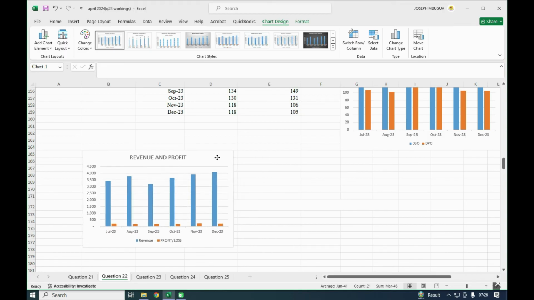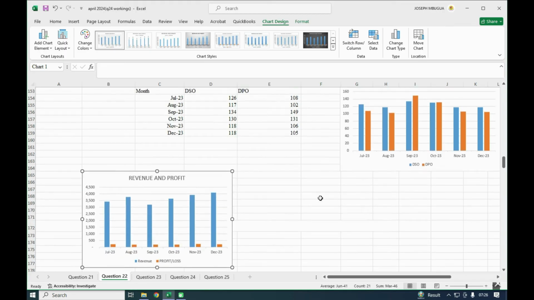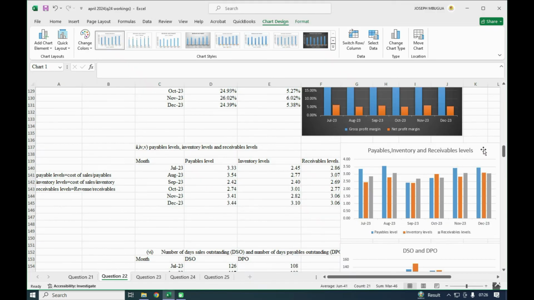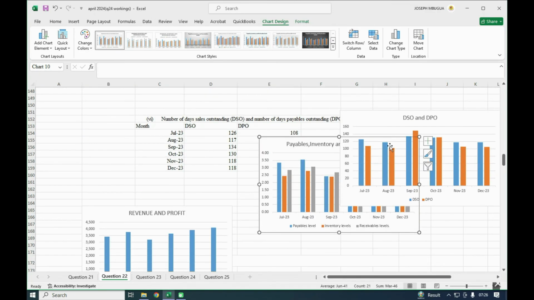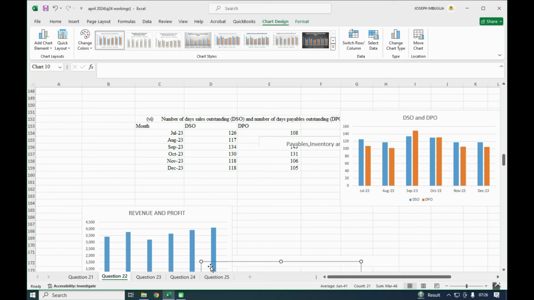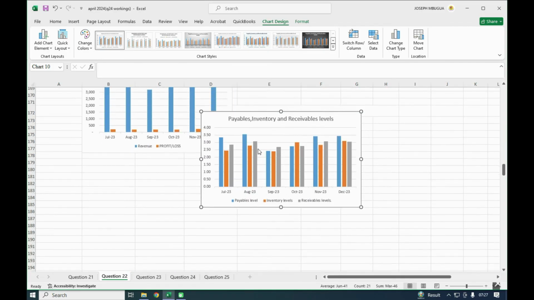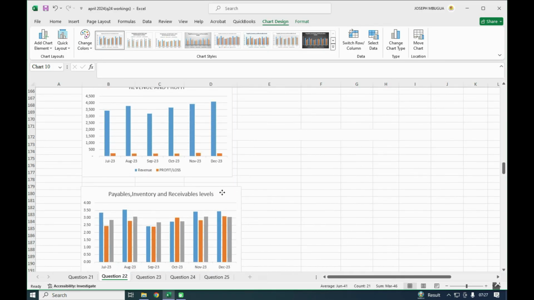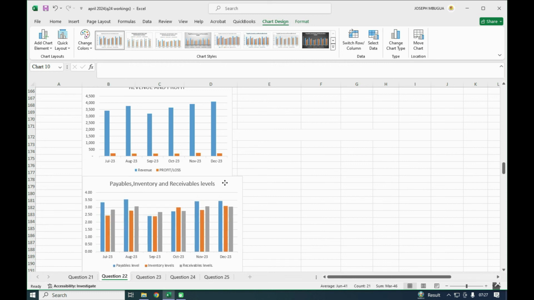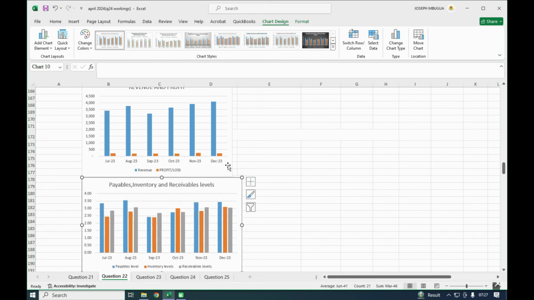Transform our dashboard here, that way. I'm now creating our dashboard, this particular point.